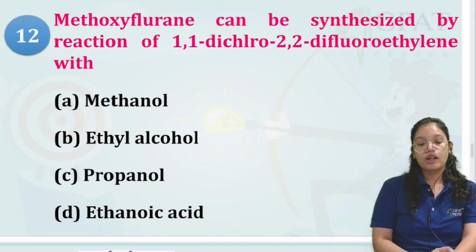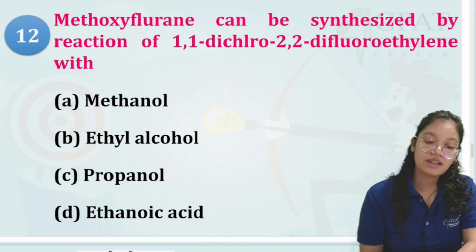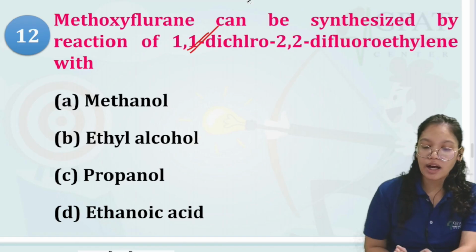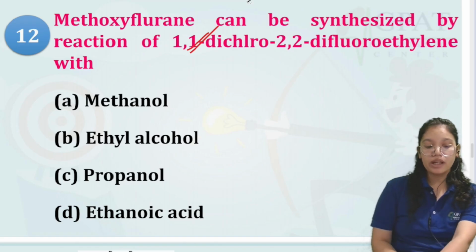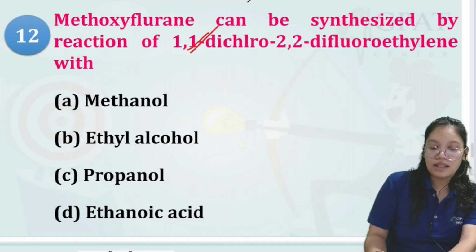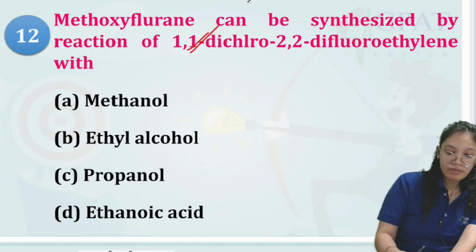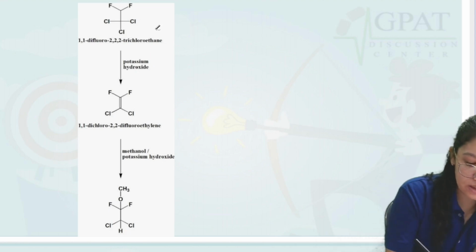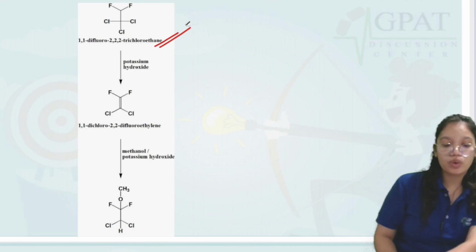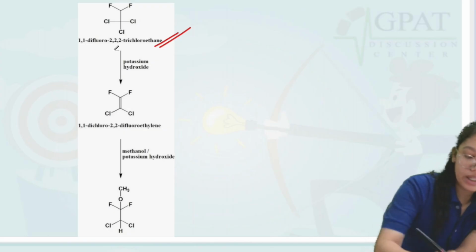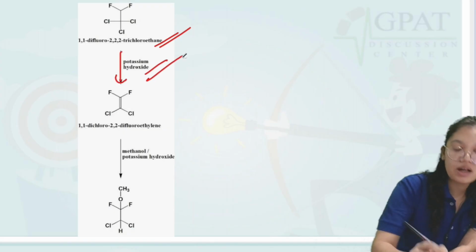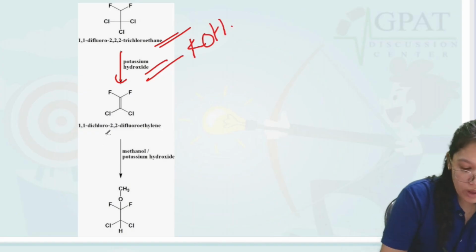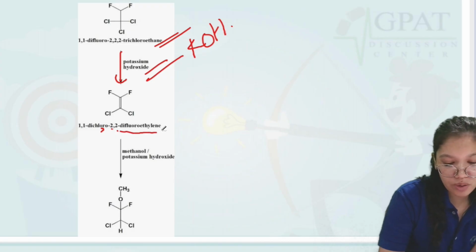Next question we have: methoxyflurane can be synthesized by the reaction of 1,1-dichloro-2,2-dichloroethylene with what? So they are asking about methoxyflurane synthesis. Let me show you the synthesis reaction first. This says 1,1-dichloro-2,2,2-trichloroethane in the presence of potassium hydroxide, or KOH, gives 1,1-dichloro-2,2-dichloroethylene.